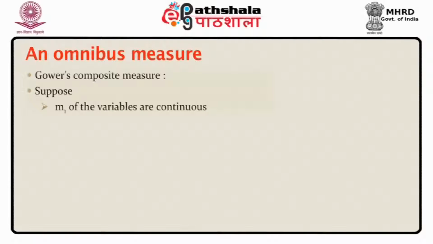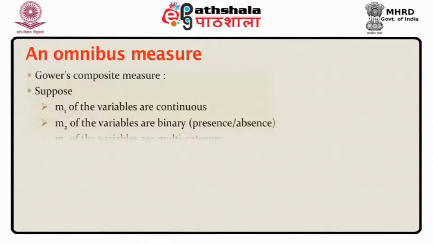Now, the Gower composite measure assumes that out of the m variables, suppose m1 of them are continuous, m2 of the variables are binary, and we are assuming that they are presence or absence type of variables. m3 of the variables are multi-category. Of course, m1 plus m2 plus m3 should sum up to m.